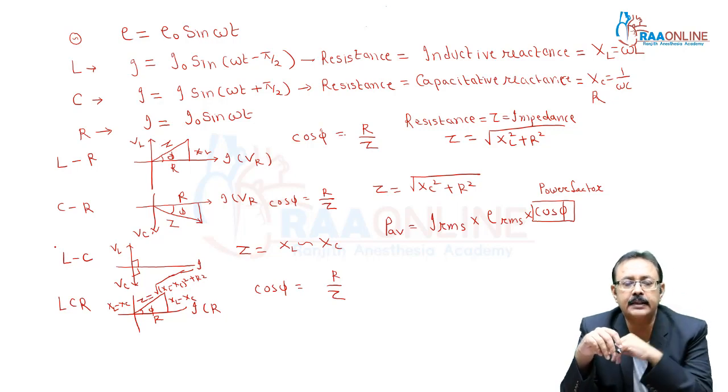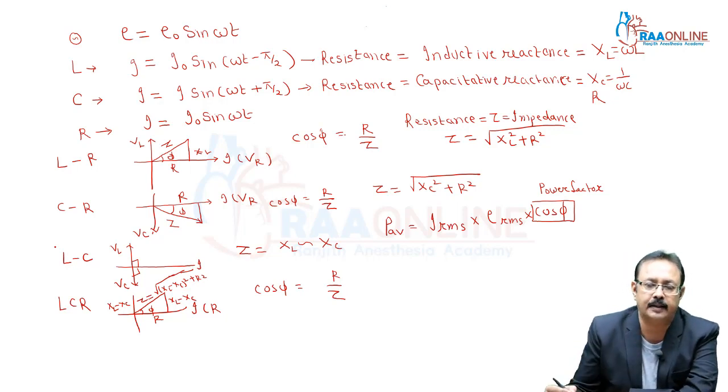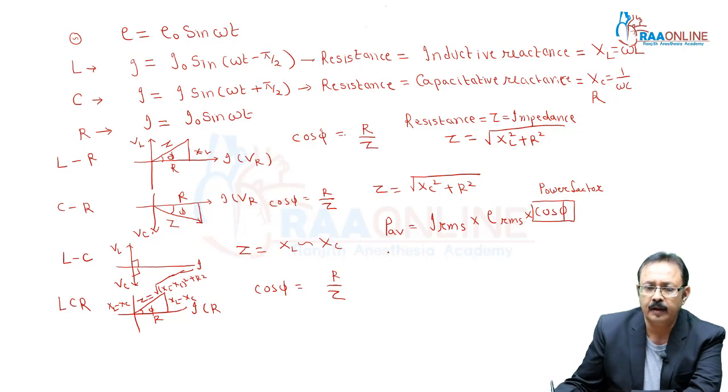And if in an LC circuit or LCR circuit, XL is equal to XC, what will happen? Z will become minimum. And what is current? Current is EMF upon resistance, Ohm's law. So it will become maximum.